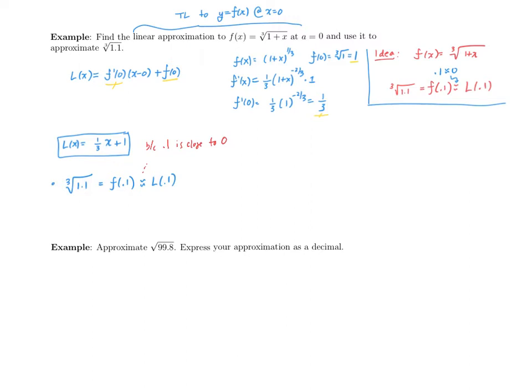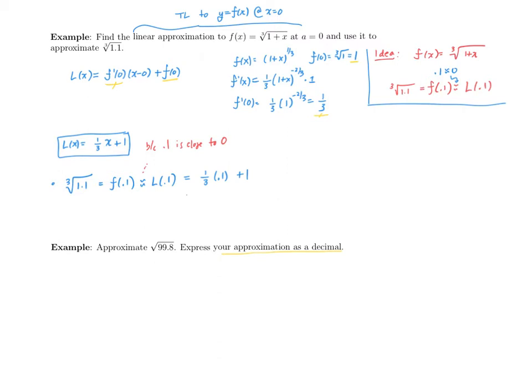So let's go ahead and just substitute that in. If x is 0.1, we would have 1/3 times 0.1 plus 1. And what I will ask you to do, and what we'll see in our next example, is I want your approximation as a decimal. So let's do a little bit of arithmetic and simplify this down.